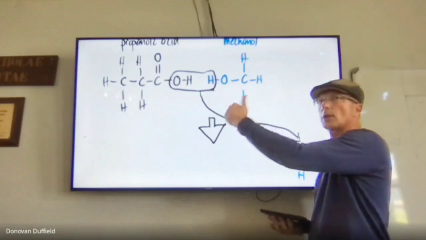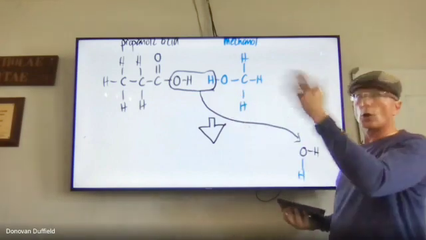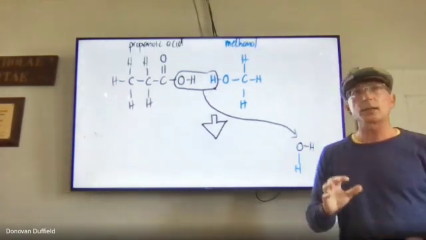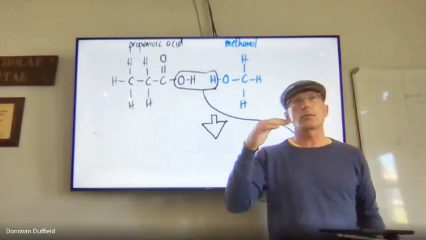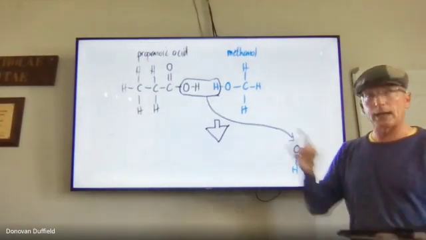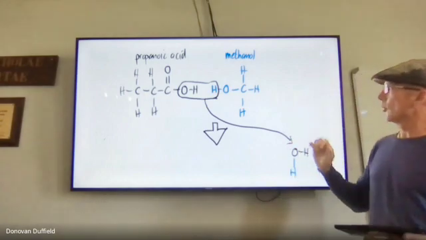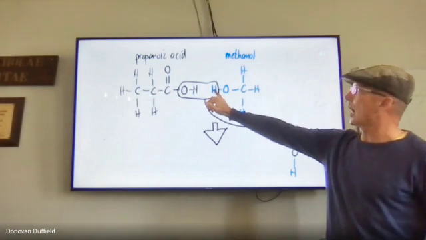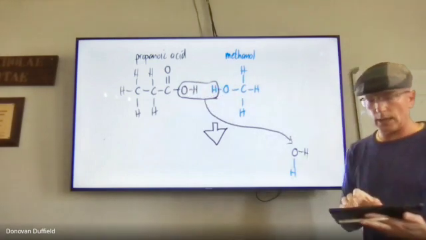There's a particular mechanism to this type of reaction, which is beyond the scope of the syllabus. If you're really interested in it, I suggest you speak to Mr. Himon. He is a chemist who is very familiar with the mechanism of esterification. I'm a physicist, I'm not. So we use the recipe that in the collision, the hydrogen from the methanol comes off and the OH from the propanoic acid comes off.